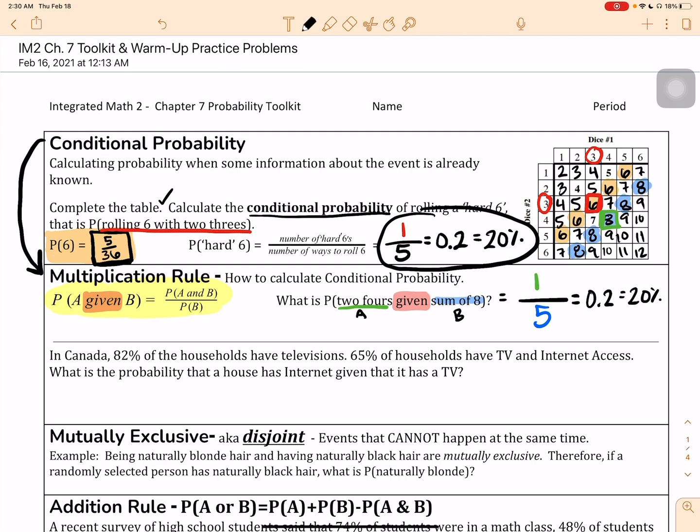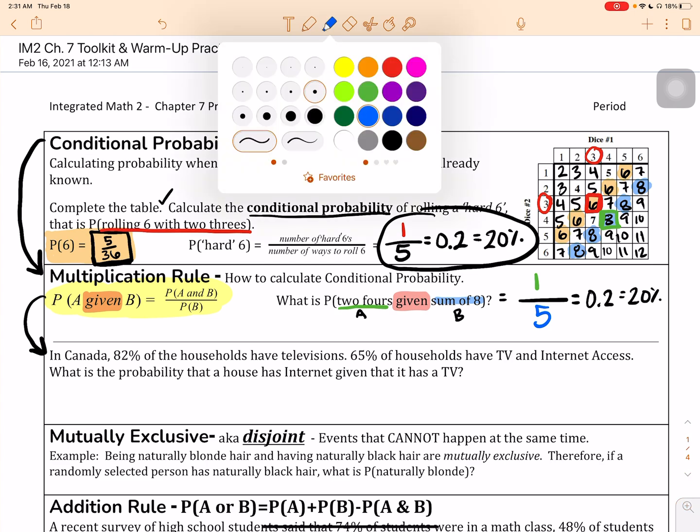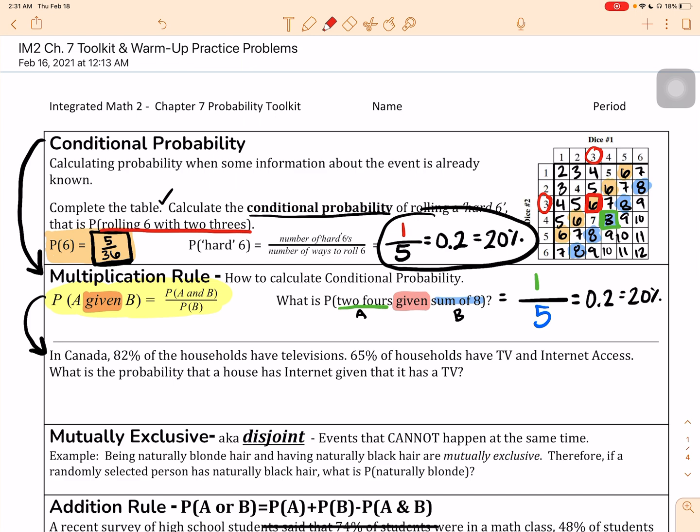All right, so here's an example where we can apply the multiplication rule. In Canada, 82% of the households have televisions, 65% of households have TV and internet access. What is the probability that a house has internet given that it has a TV? Now that given is super, super important.